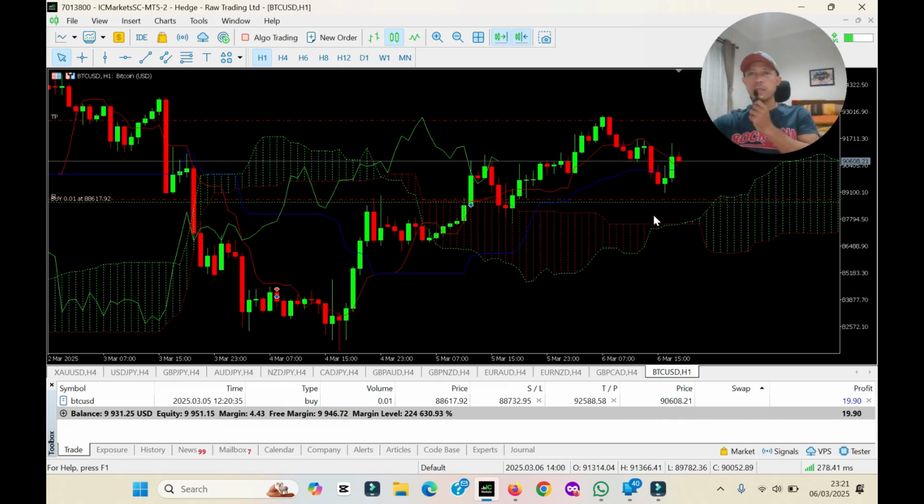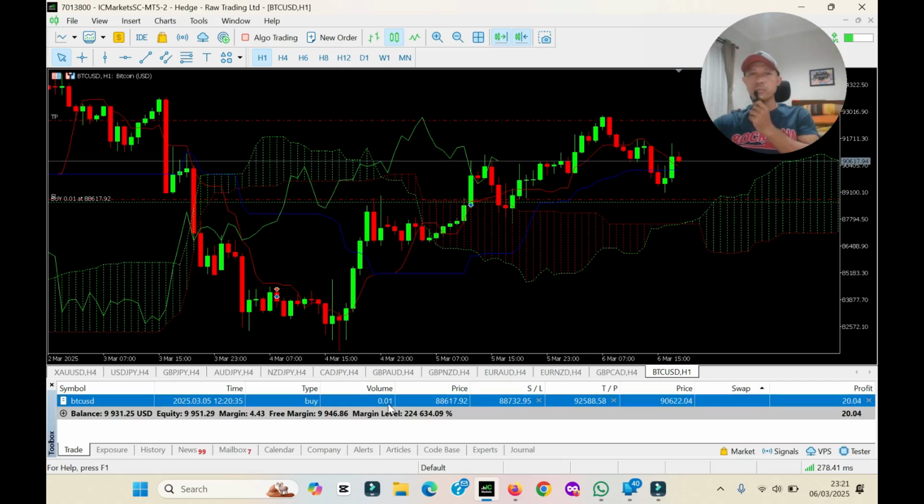If you notice, in this volume I'm using the smallest lot size, 0.01. Normally I'm using 0.5 lot size with 5,000 US dollars, but because Bitcoin is not my thing, I'm using the smallest amount available here.